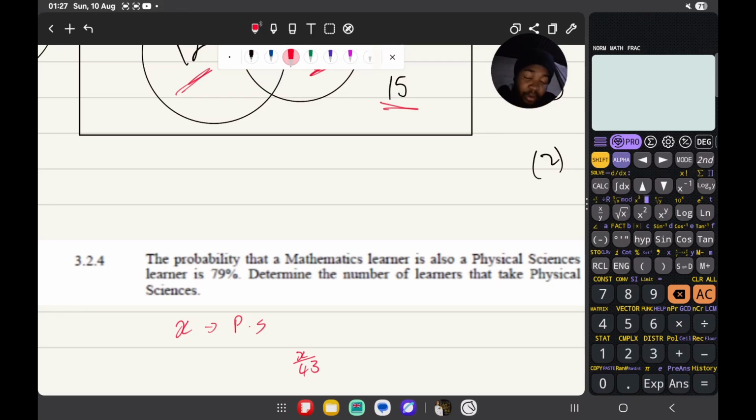Of the 43 learners, X amount is doing physical sciences, and in terms of probability, it's 79% of them.